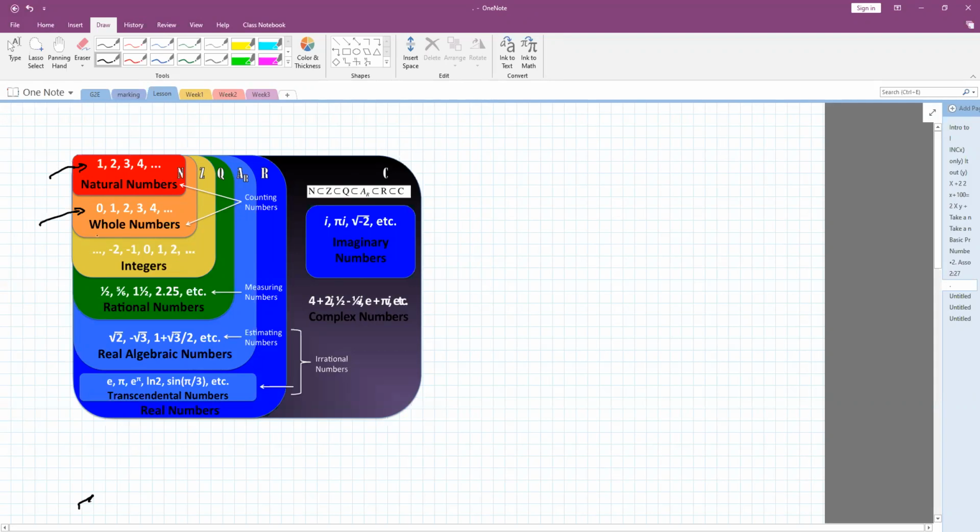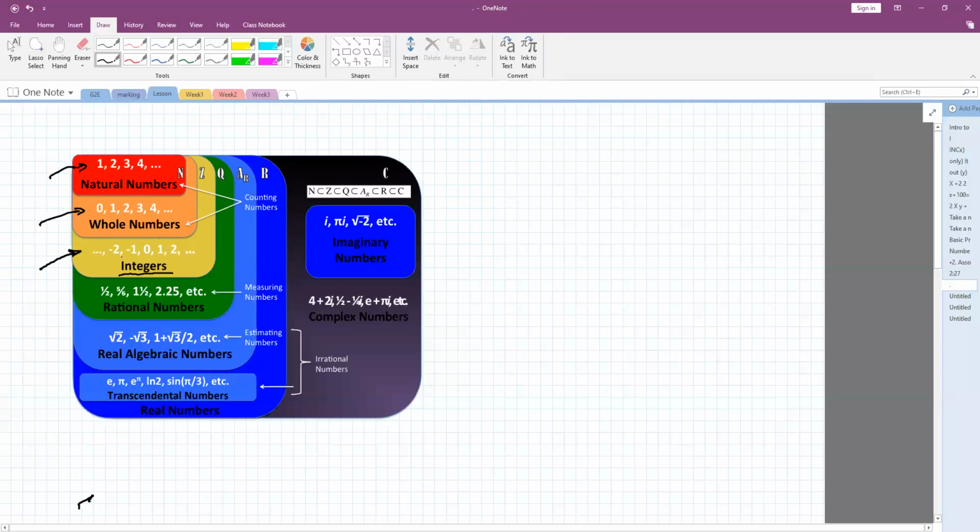Now with the whole numbers, we will start from 0. Okay. So natural numbers, whole numbers. Now the next one is called integers. These numbers, integers, will also include negative numbers.